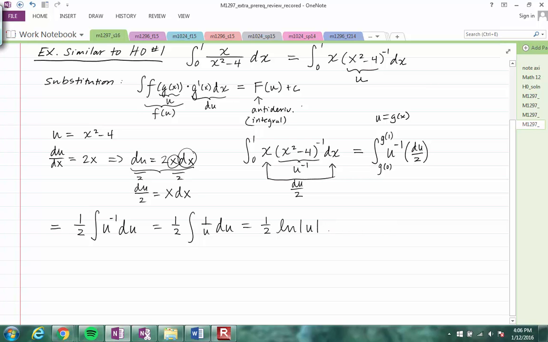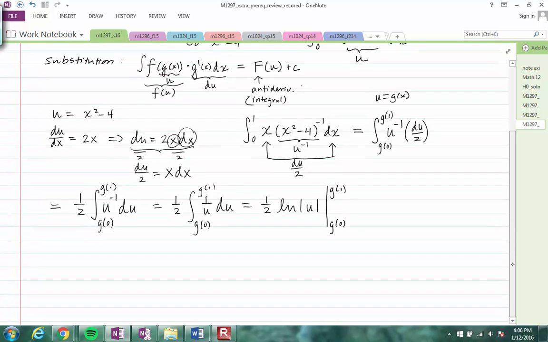So we are almost there. Now what we need to do is remember that, oh yeah, I had these little numbers in here. Just carrying along my g of 0, my g of 1. And then the notation here, or one notation is, I need to plug these numbers in. Still, use the fundamental theorem of calculus part 2.